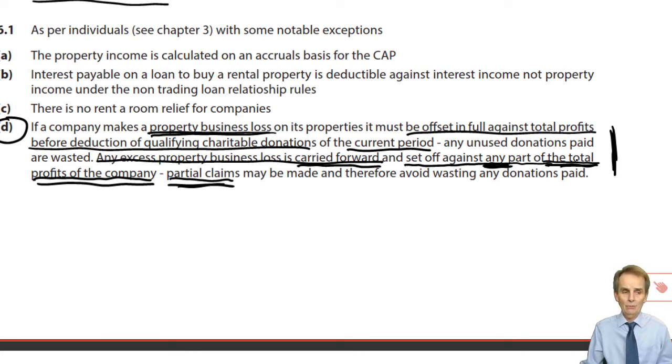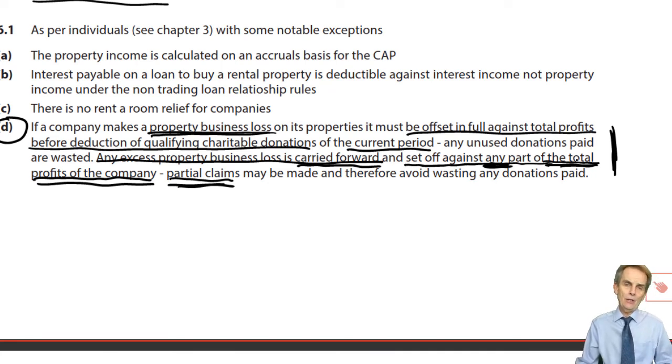Now, it's not difficult. The rules have not changed, but all that you'll see in relation to that is that we've moved on a year. But all of the numbers, the tax calculations, the capital allowances computations that you need to do, all the numbers are exactly the same as per FA 2017.